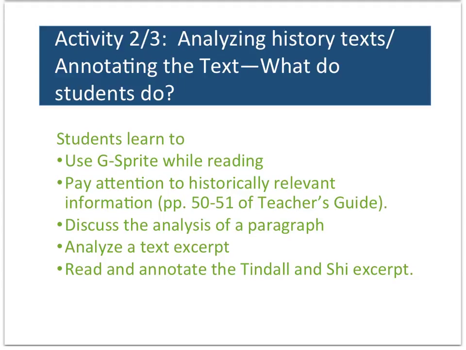So when students are actually reading the excerpt of the Tyndall and Shai chapter, you're going to have them try to pay attention to what might be political and what might be social and what might be intellectual and what might be geographical in the information that they are reading.